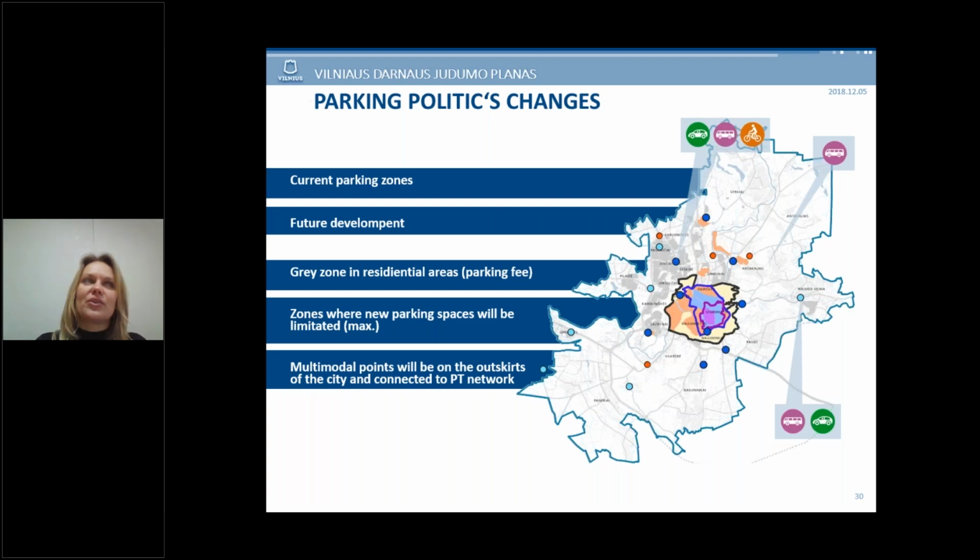In comparison with Europe, it is extremely cheap. So we suggested new zones for paid parking, an increase in price, and an increase in boundaries.